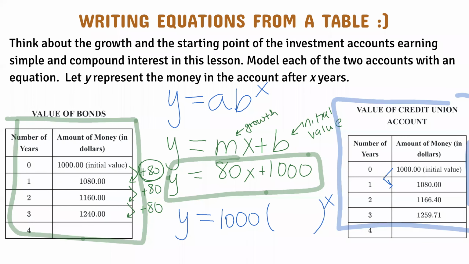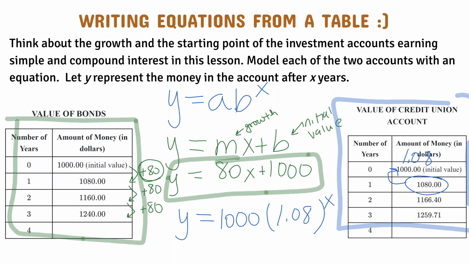Well, it looks like I was multiplying it by 1.08. And again, I can confirm this by taking any of these values and dividing it by the one on top. So if you put 1080 into your calculator and you divide it by 1,000, you get 1.08. That is your multiplier. Boom, you're done.